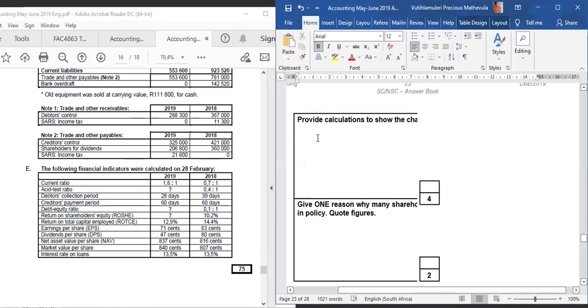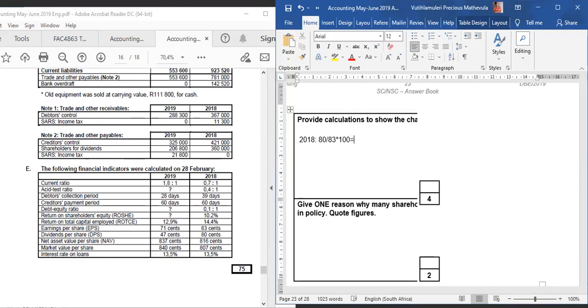To show the change, in 2018 the dividends per share was 80 cents, while the earnings per share was 83.